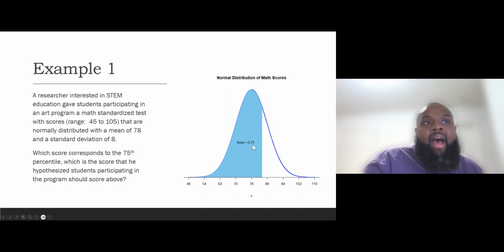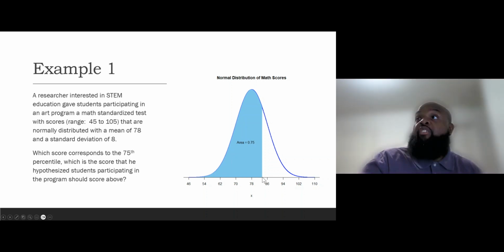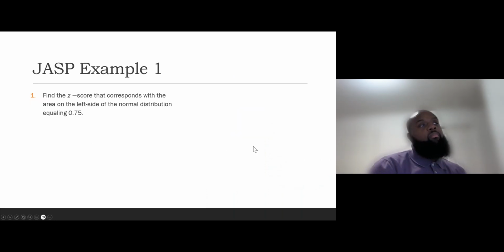I know that my lower tail equals true. If I use that for 0.75, that's going to give me my value. I need to find the Z that corresponds to an area under that curve on the lower tail being equal to 0.75. And so let's find that Z score, right?